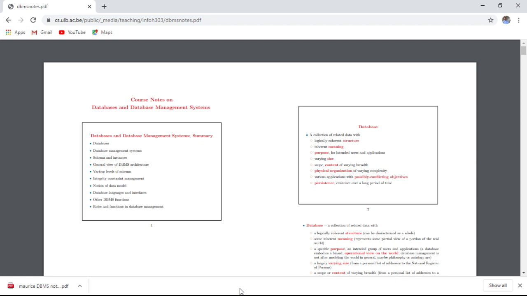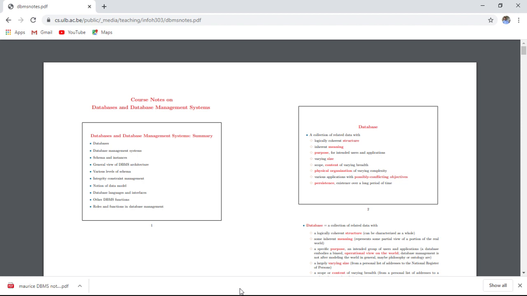And so, database management systems summary. In summary, what we are going to do is almost like the subject overview. By the end of this slide, which is the introduction aspect, we are going to know what databases are, what database management systems are, schema and instances, and the general view of database management systems architecture.